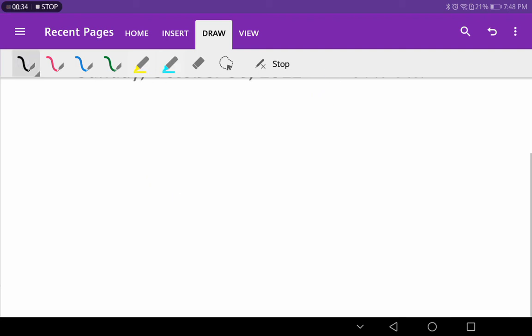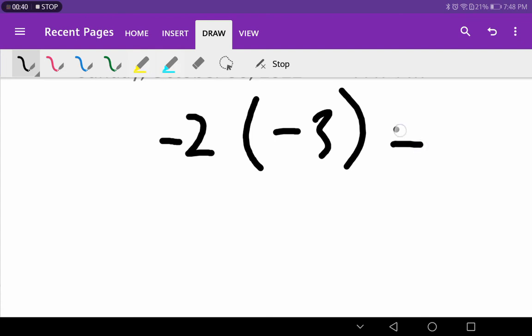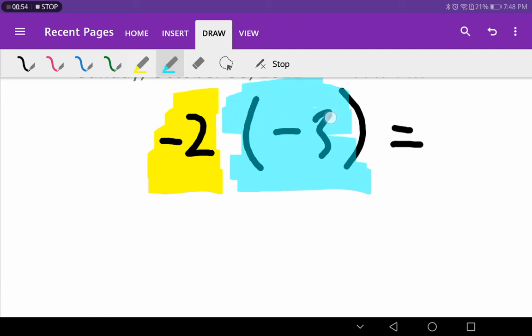For example, if I have negative 2 multiplied by negative 3, as you know, some students think this is add or subtract. No, my dear students. But how do you know, teacher? Actually, this is negative 2 and this is a parentheses. There is nothing between them.